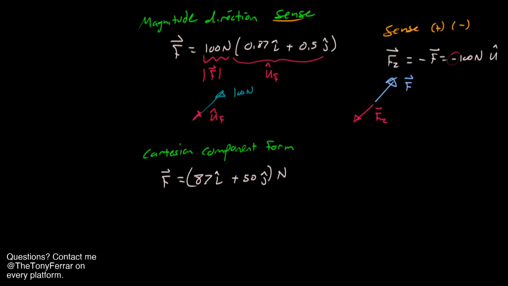And essentially, again, this is the same vector. We have a thing like this, and now what we're saying is that it is 87 newtons in this x direction, and it is 50 newtons in this y direction. And we can now represent the same vector using that notation. So really, magnitude, direction, and sense and Cartesian component are the same thing. It's just whether or not we factor out or distribute the magnitude.